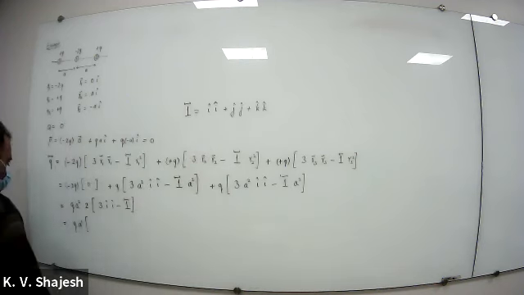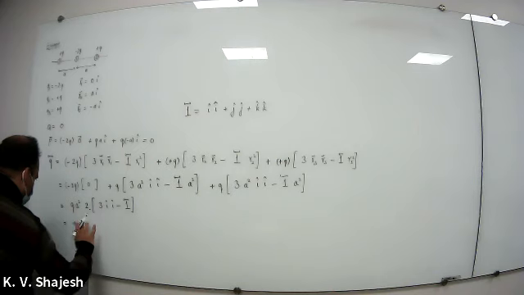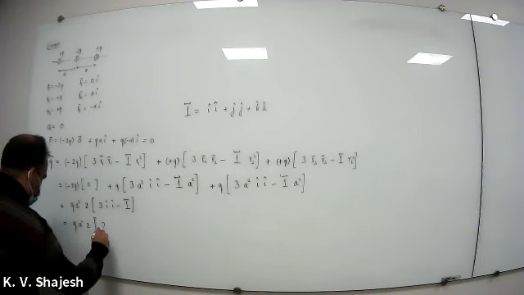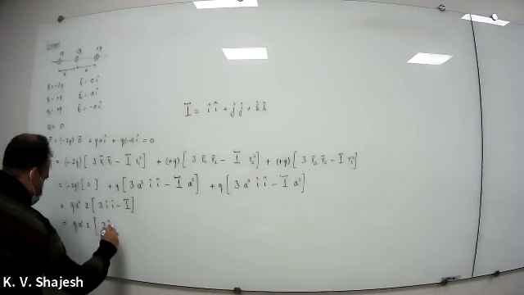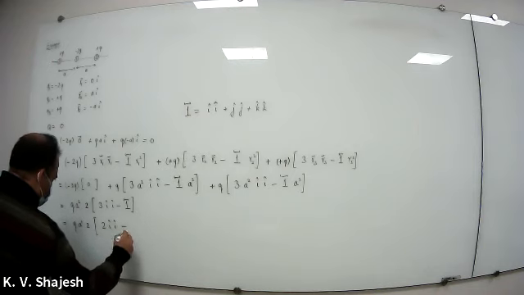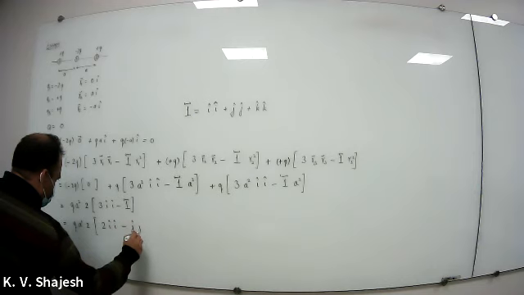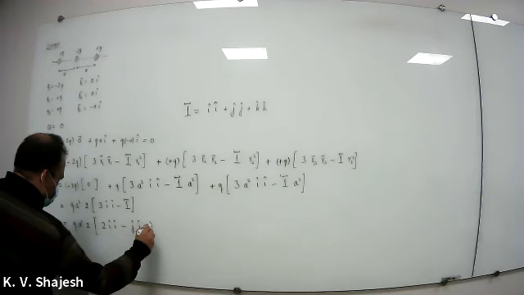So 3 minus 1 is 2. So let me put the 2 outside. So this is 2 i hat i hat minus j hat j hat minus k hat k hat.